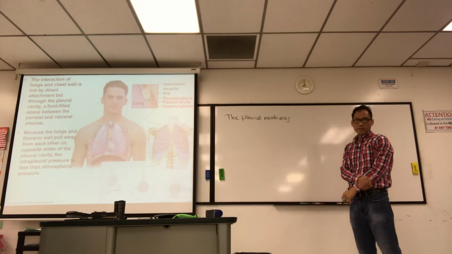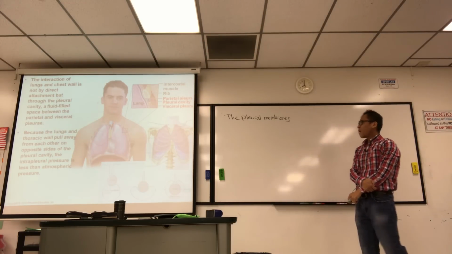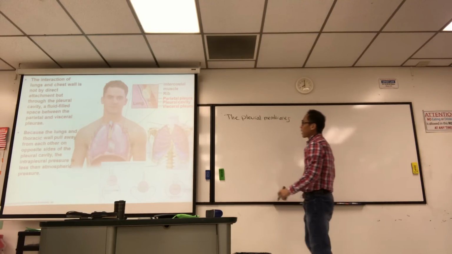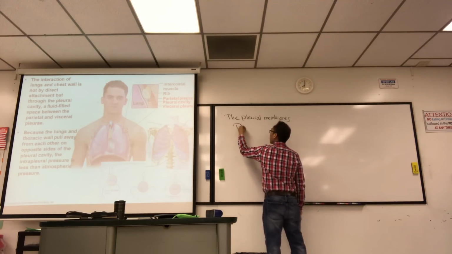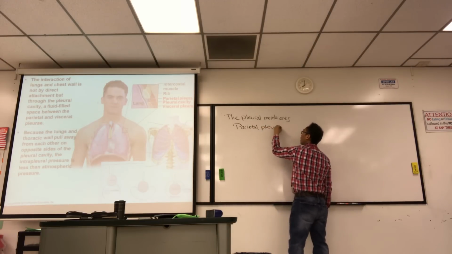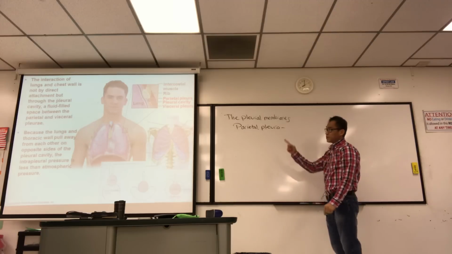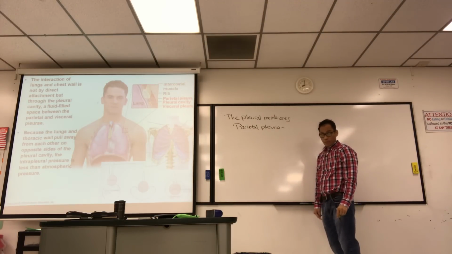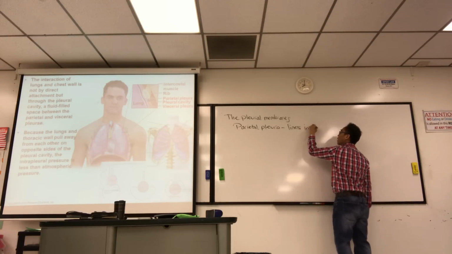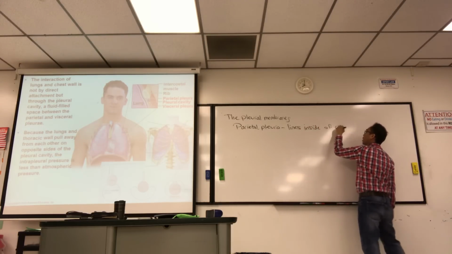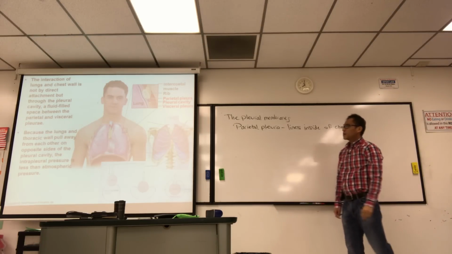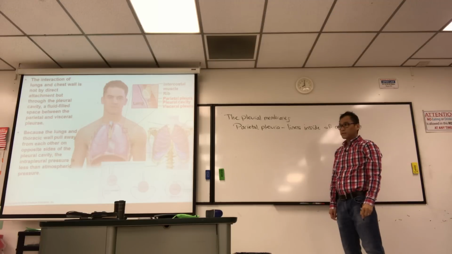They're all serous membranes that are the linings of things. These are the linings that surround the lungs, and the pleural membranes are parietal and visceral. The parietal pleura, as you can see from the picture, lines the inside of the chest wall. Visceral pleura is intimate with the lung wall. It lines the surface of the lung.